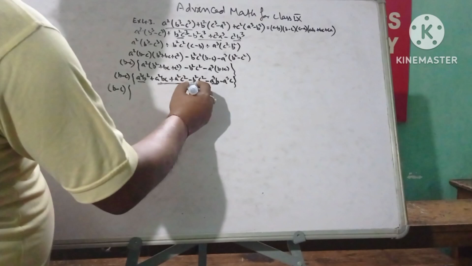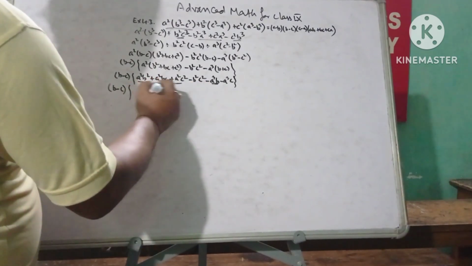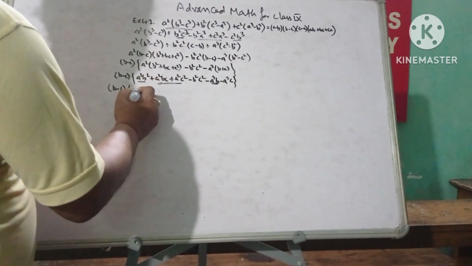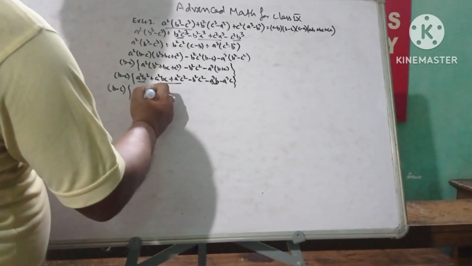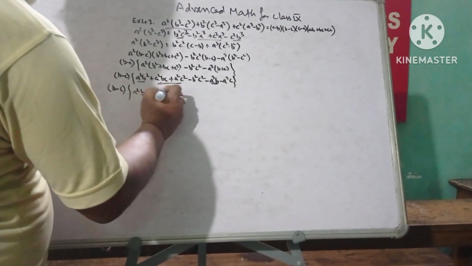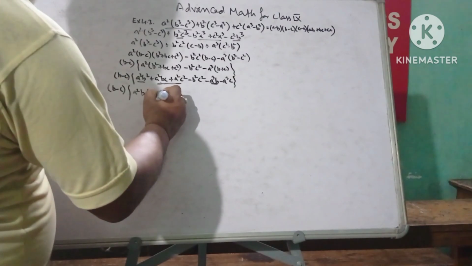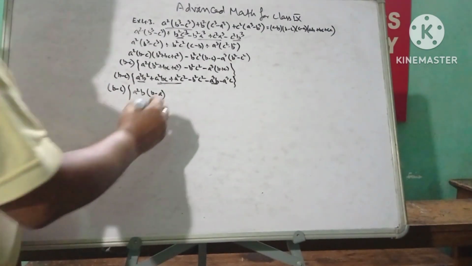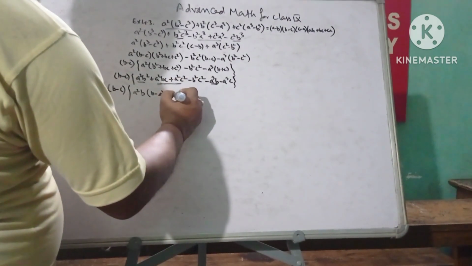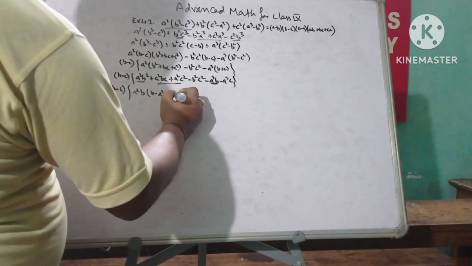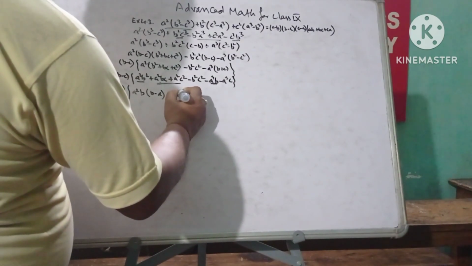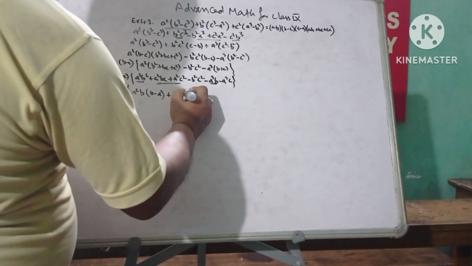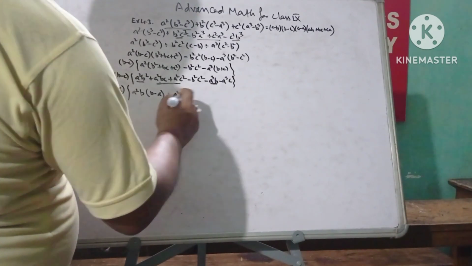So here you see, from here I am going to get a square b common, so this will be b minus a, and from these two I am going to take this a square c, then I am getting b.